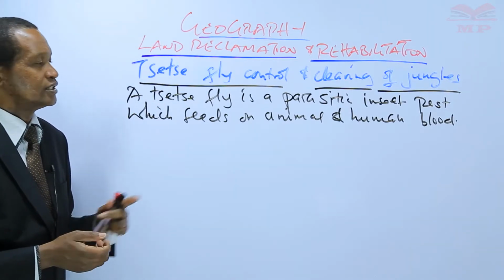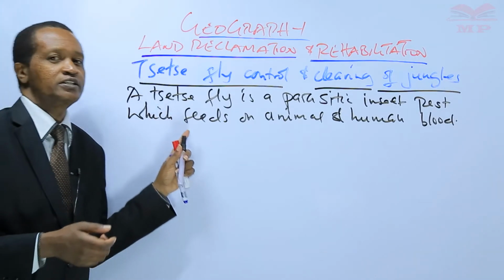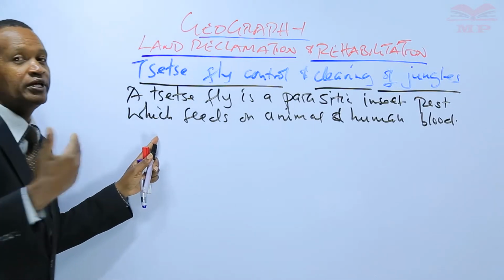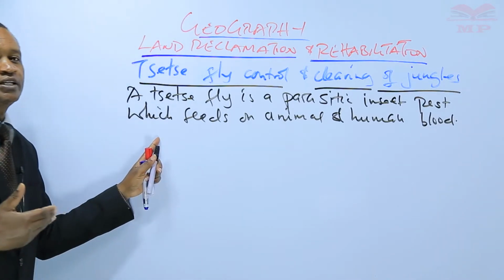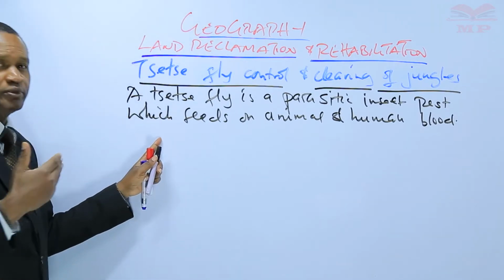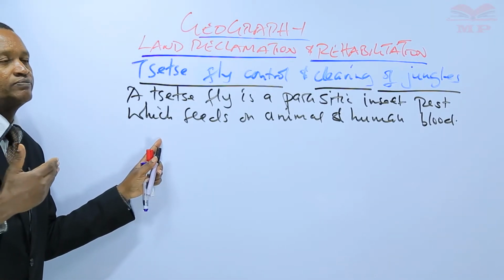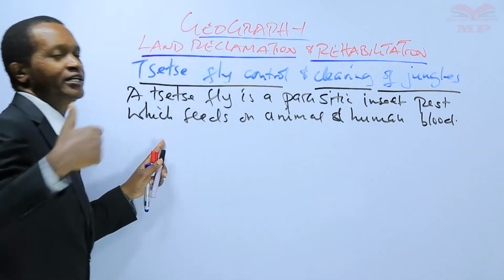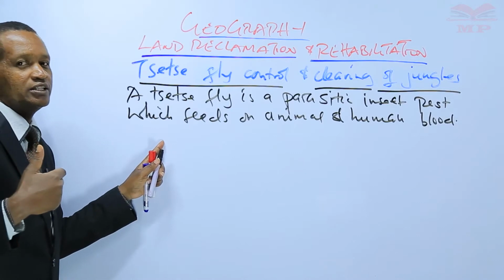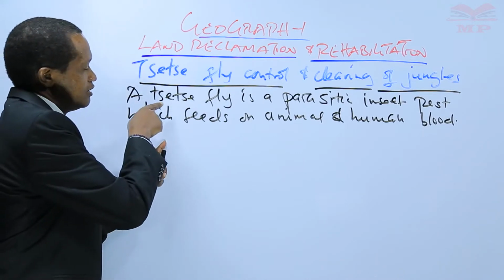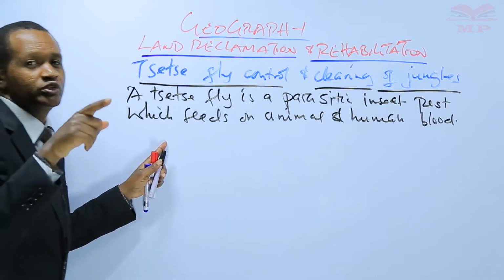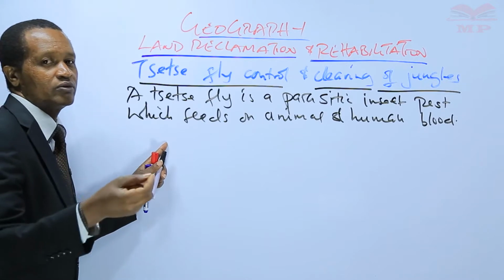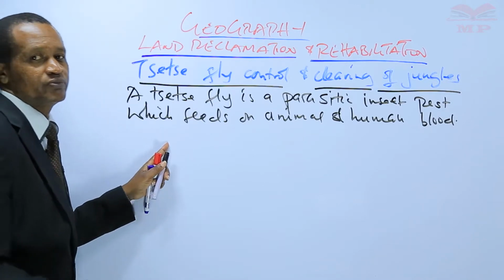Okay, and flies transmit diseases such as sleeping sickness, especially to human beings. And there is a disease called nagana. That one is a disease that this tsetse fly transmits to animals, like pigs, cattle, camels, goats, sheep, and so on.